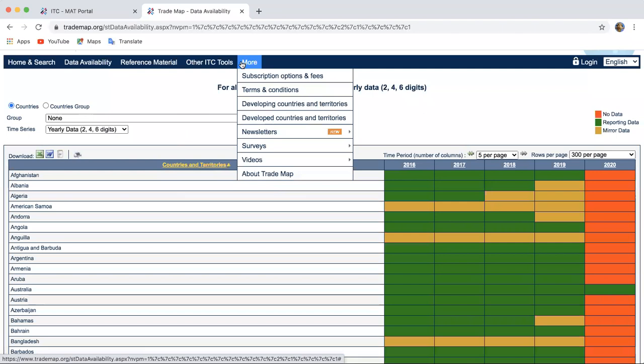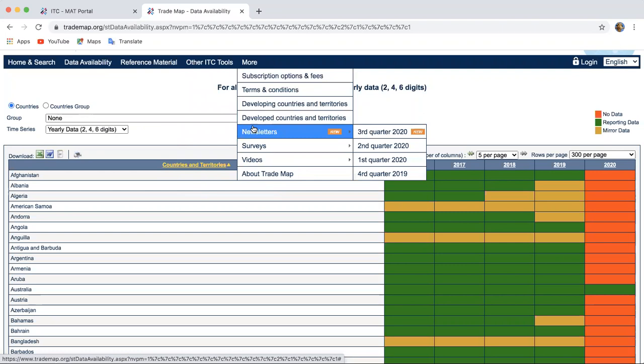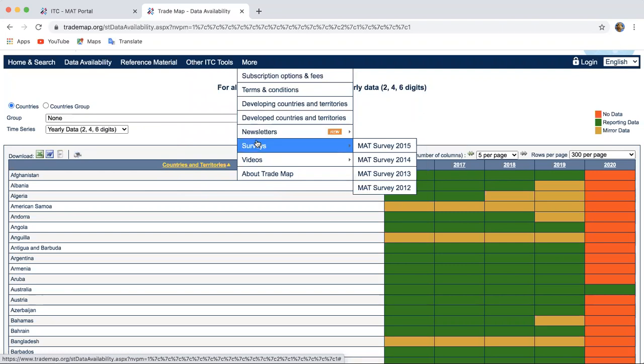And then you have other information, for example, the details of the subscription fees, the terms and conditions, some of our definitions on developing countries and territories. You can find a newsletter with the latest developments in our section. You can find the survey, which most of you have replied to last year.